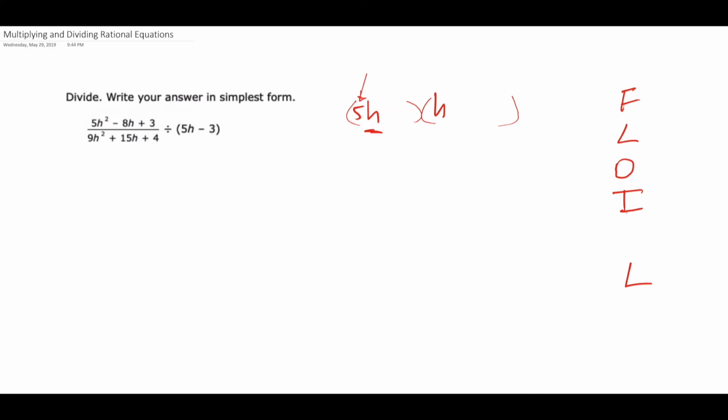When you multiply these two together, you get this first term right here. So these are the first ones. When you multiply these last ones together, you get this last term right here. So what are we going to put down for our last ones? All right, 3 and what?